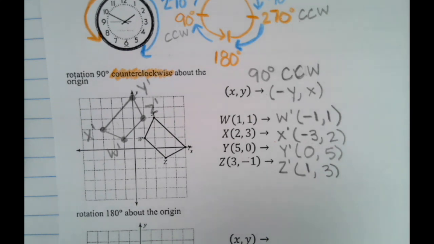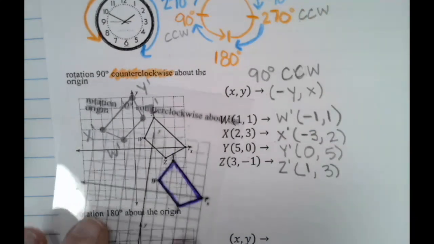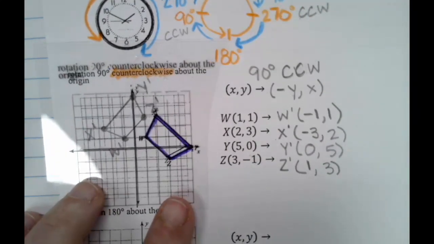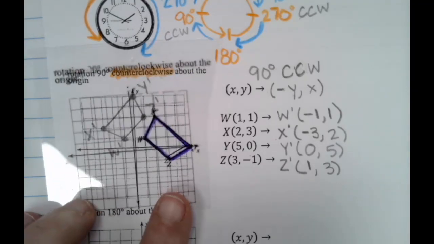All right, so rotate it around that origin 90 degrees. We're going to try and do the next ones a little bit quicker just to get you going on your practice. Like I said, Monday we'll do a little bit of review and then the rest will be to get caught up on homework.